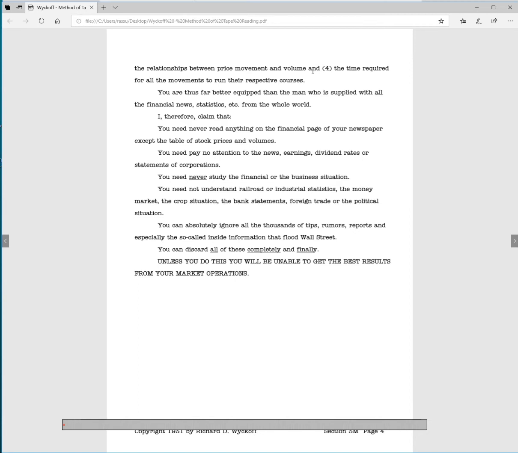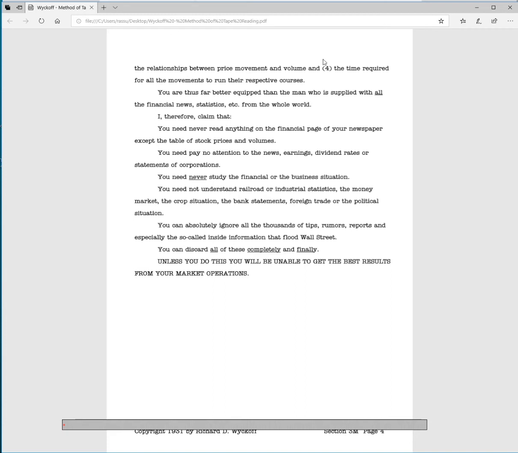Okay, so what is meant by the relationship between price and volume is the amount of price change relative to the amount of volume. How much price has changed relative to the amount of volume, and you take that and you compare it with prior upswings and downswings.